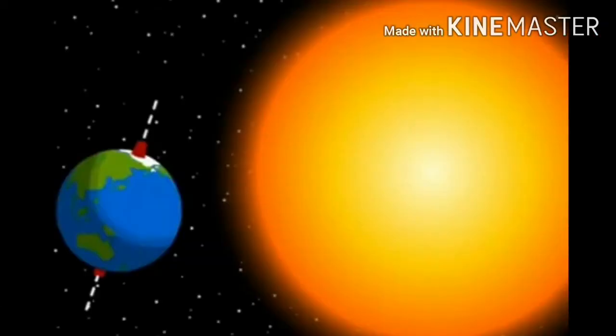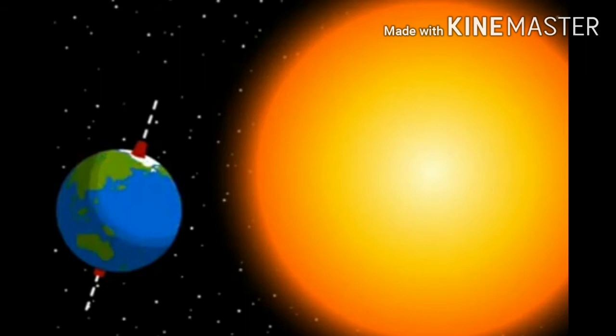You know that the sun is very far away from the earth and there is mainly empty space or vacuum between the sun and the earth. Even then, the heat from the sun reaches the earth.